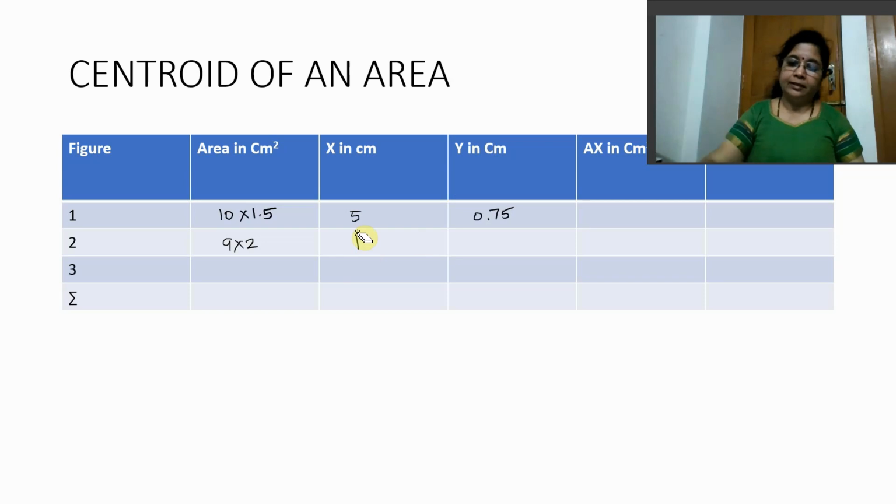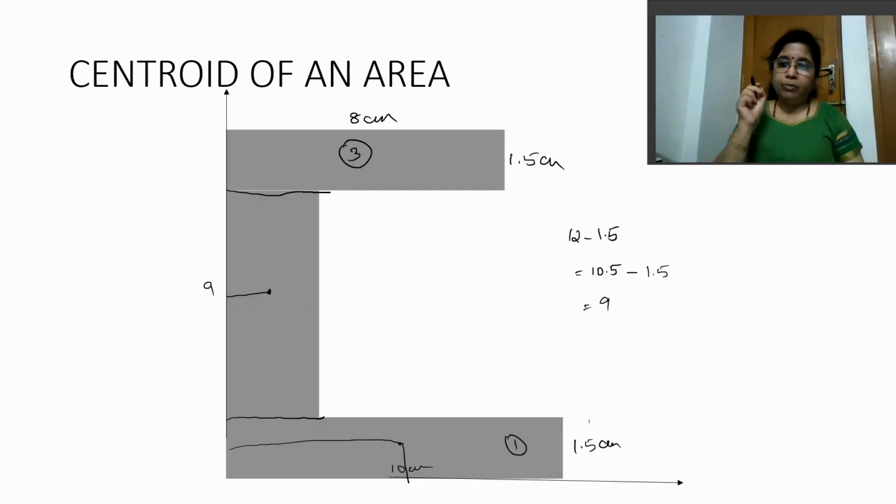No issues in that either. Now when you want to point for y, remember we have cut out this area. We have already taken it out, which means this area cannot be included when you calculate the center for this. We have taken out this area, which means we have to consider that area in full.